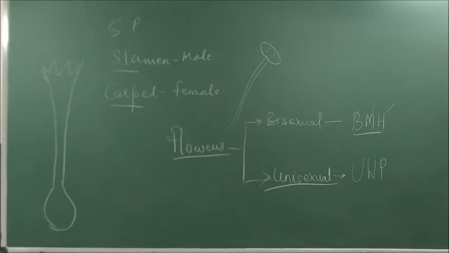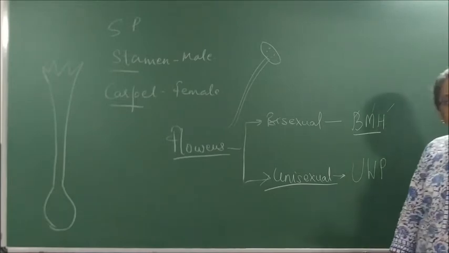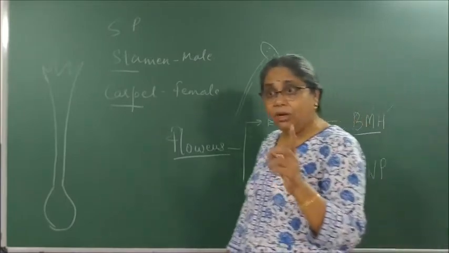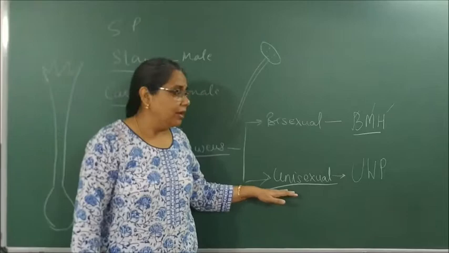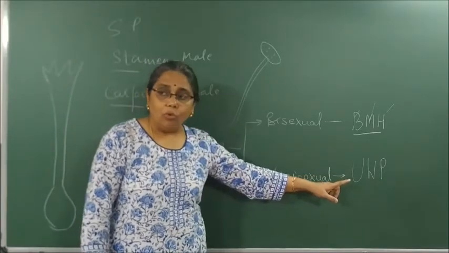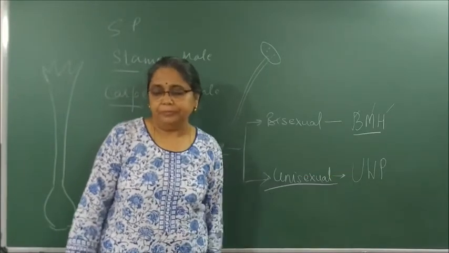If the flower has both the sexes, that is both the stamen and the carpel, then it is called what? Bisexual flower. Example is what? Mustard and hibiscus. If it has either stamen or carpel, then it is called what? Unisexual flower. And the example is what? Watermelon and papaya. Please write.